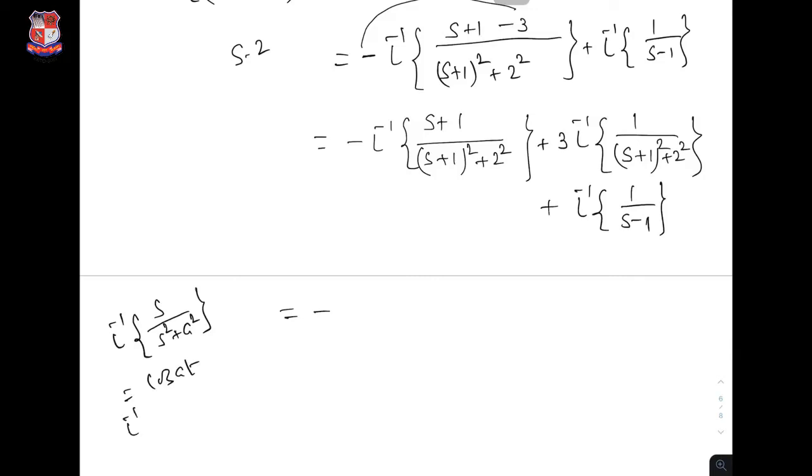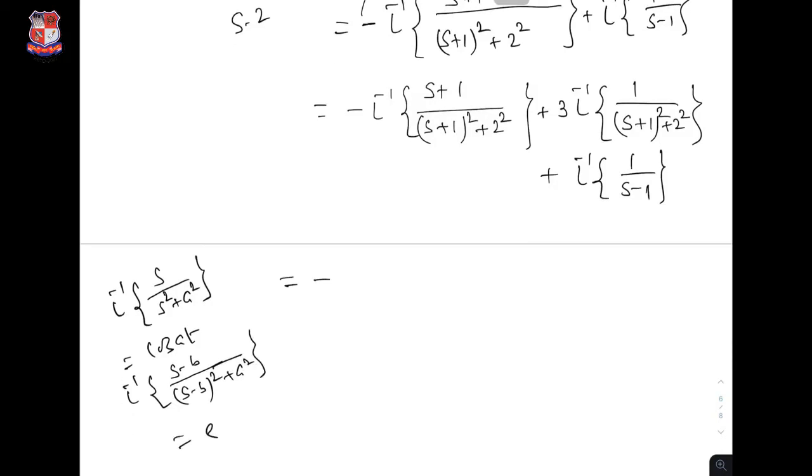If I use the first shifting theorem, the inverse Laplace transform of (s minus b) over (s minus b) squared plus a squared is e to the power bt cosine at. So here we have minus e to the power minus t cosine 2t.